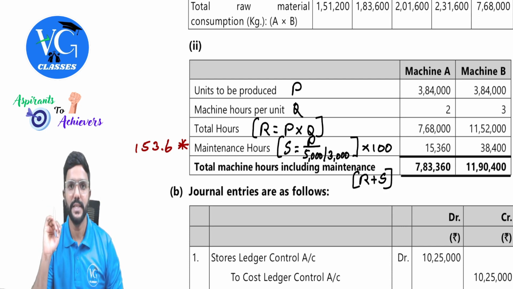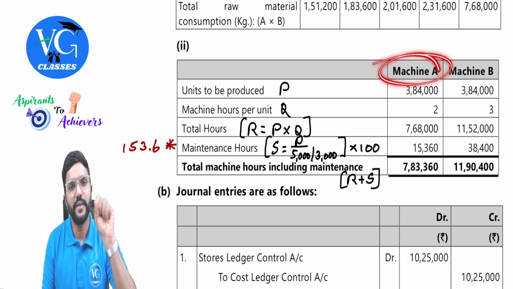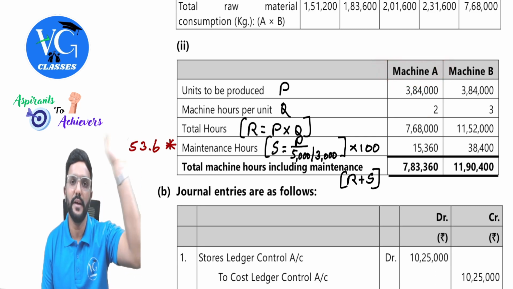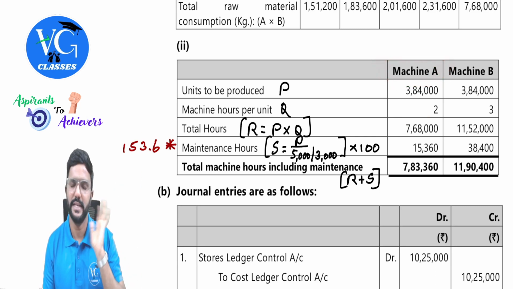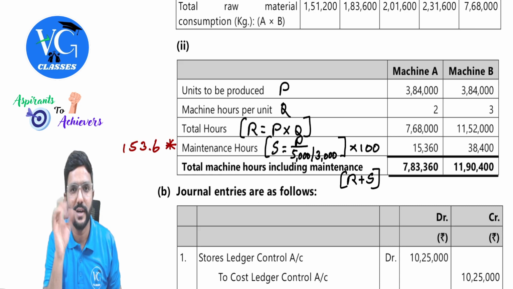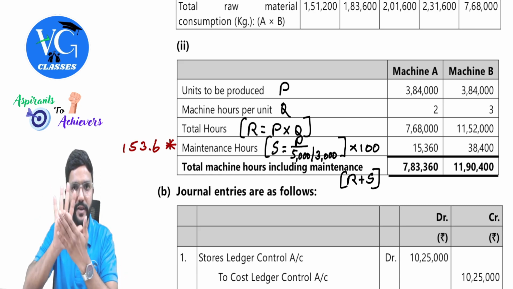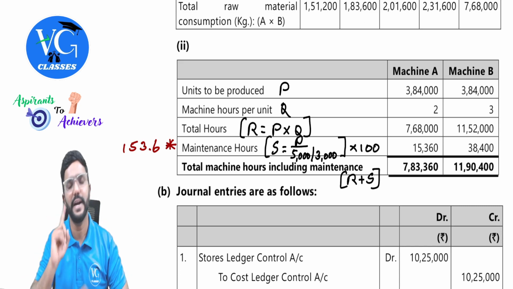Why so? Guys, see, as and when machine A works for 5,000 hours, we will do a maintenance of 100 hours. Correct? Will we do it proportionately? For example, once the machine works for 2,500 hours, will we do 50 hours of maintenance? No, no. Only when machine A completes 5,000 hours, we do the maintenance of 100 hours.